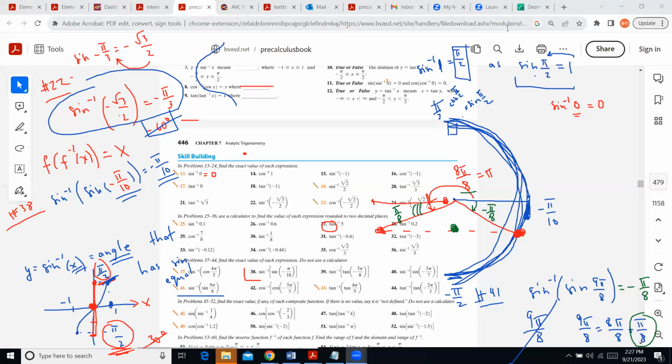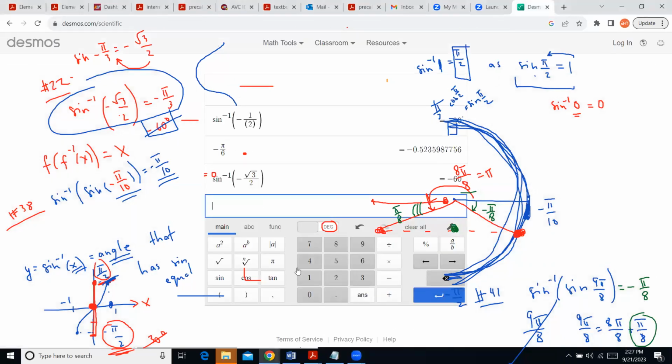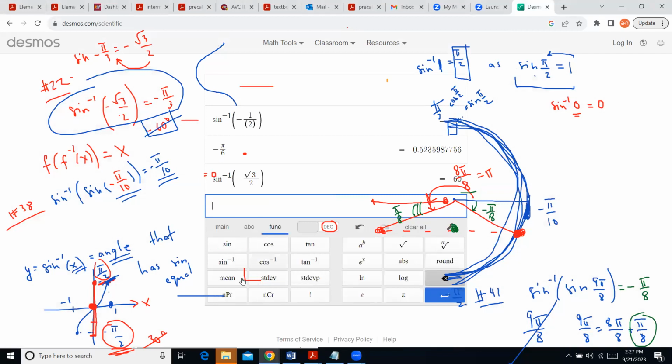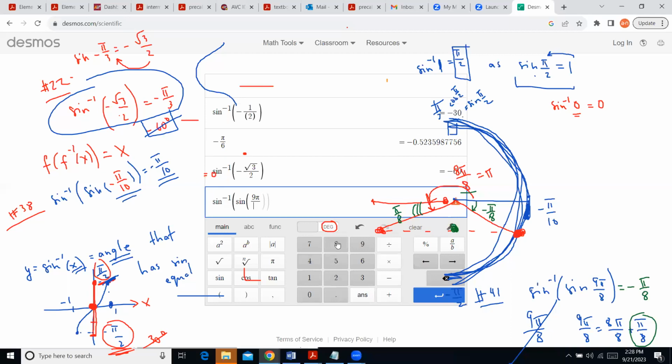Let's check out what the calculator is going to tell us here. So if I go with inverse sine, I go back to functions and then return to main and get the function sine, and then in the parentheses put 9 pi and divide this by 8, right?